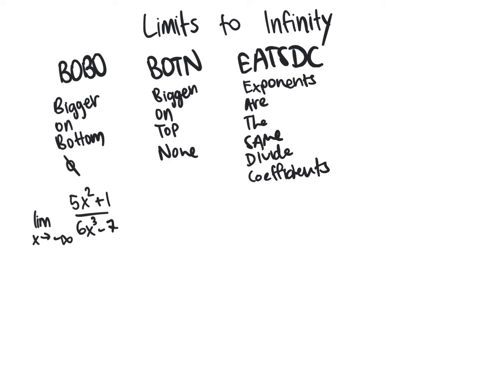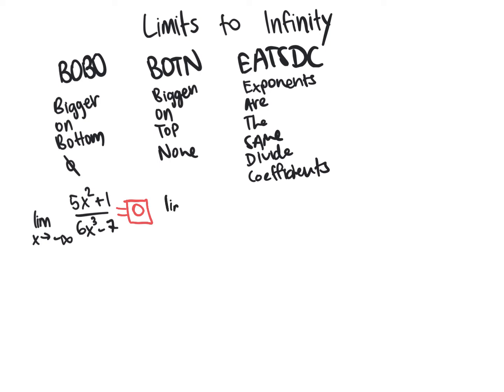So in this case, on the top, your biggest exponent is 2, and on the bottom, our biggest exponent is 3. Thus, out of these three, the one that refers to the bigger exponent on the bottom is BOBO. BOBO is bigger on bottom, 0, which just means that we can attribute this to 0. Pretty simple.